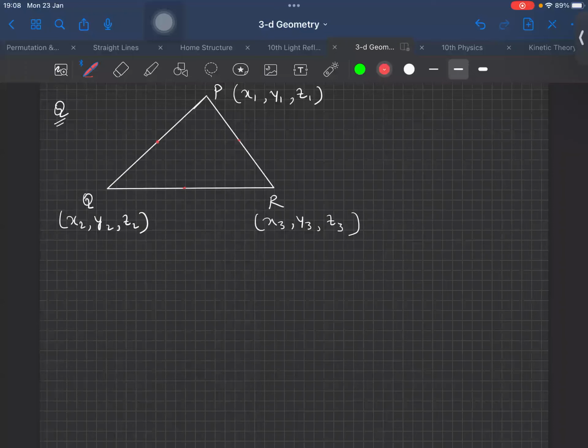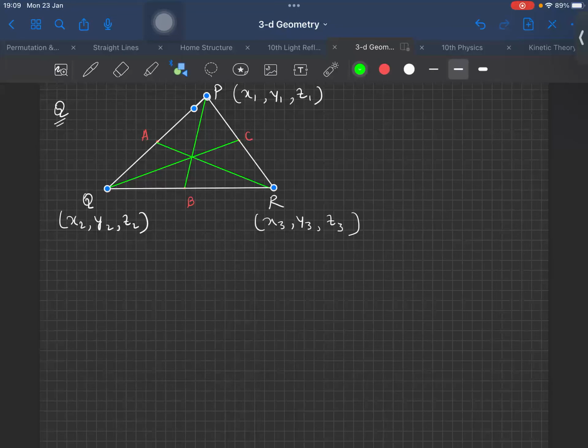Let's say A, B, C are the midpoints of the edges. Now we'll draw a line from each midpoint to the opposite vertex, from C to R, and from A to R.